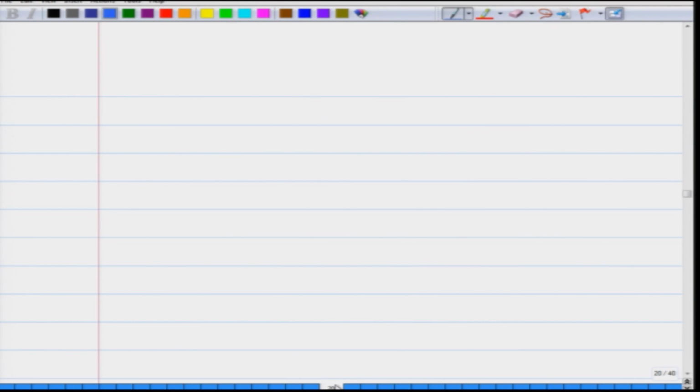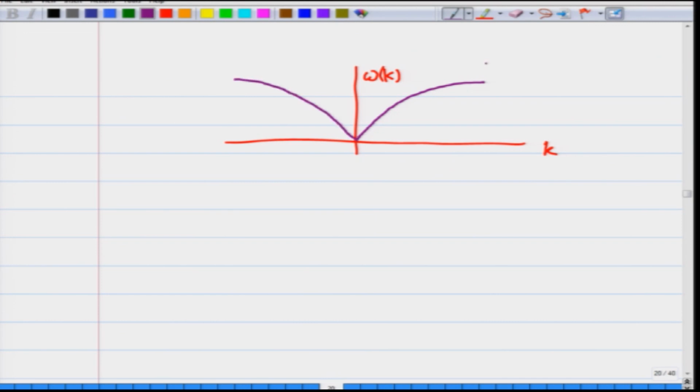So, just to recap what we had seen in the previous week's lectures, when I plotted omega versus k, I got a curve which was like this, all the way up to the Brillouin zone boundary, and the slope of these phonons at k equals 0 was related to velocity of sound.